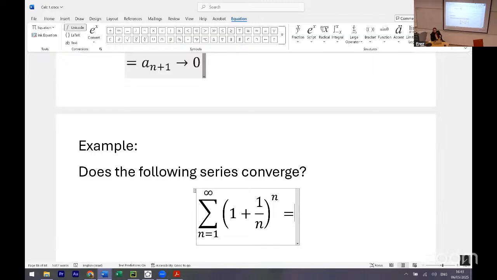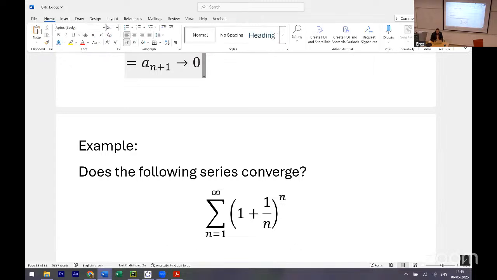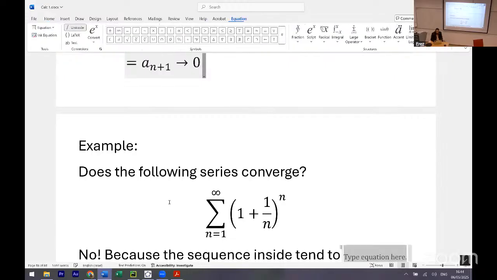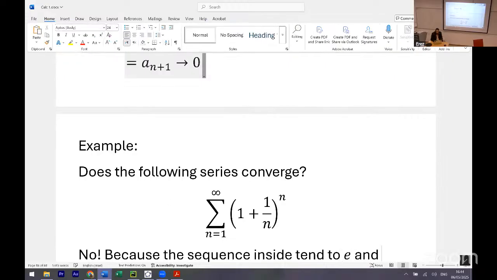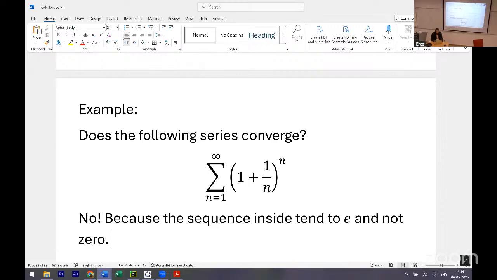No, it shouldn't, because it's bigger than 1. No, because the sequence inside tends to e and not 0. See, that's the way you use the theorem. Every now and again it comes out in a test.